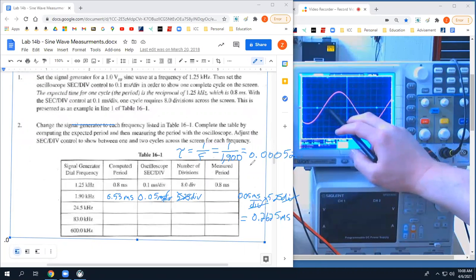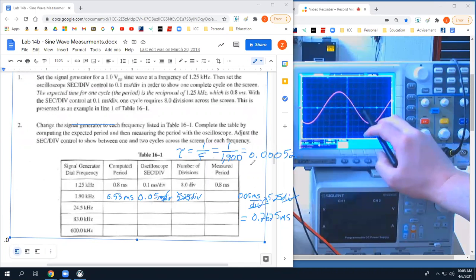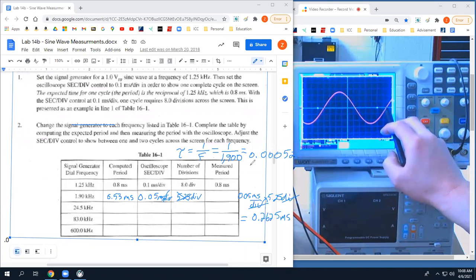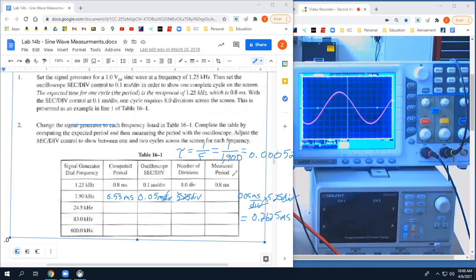So I'm going to count the entire cycle. 1, 2, 3, 4, 5, 6, 7, 8, 9, 10.5 divisions. So 0.05 milliseconds times 10.5 divisions should give us a number that makes sense. 0.05 times 10.5 equals 0.525 milliseconds.